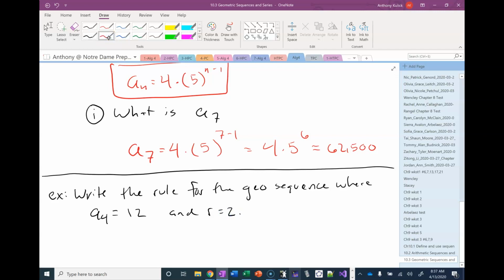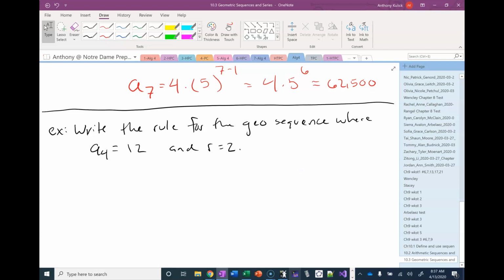Let's say we ask you to write the rule for the geometric sequence where the fourth term is 12 and the constant ratio is 2. Well, since we're told that it's a geometric sequence, the rule that I'm going to be using is this. Now we have the value for r already. What we're missing, though, is the value for a1.